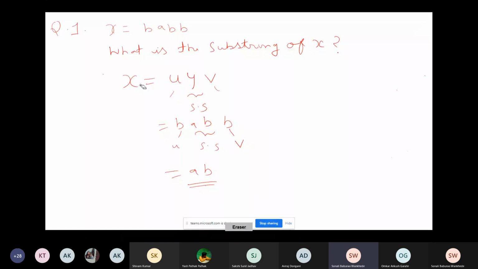Now if I give you another question. Let's take another question. Suppose I just write it in this way, y is equal to BABB. The concept you have to understand is this. What is the substring of y? As I told you, the expression can be written vice versa.